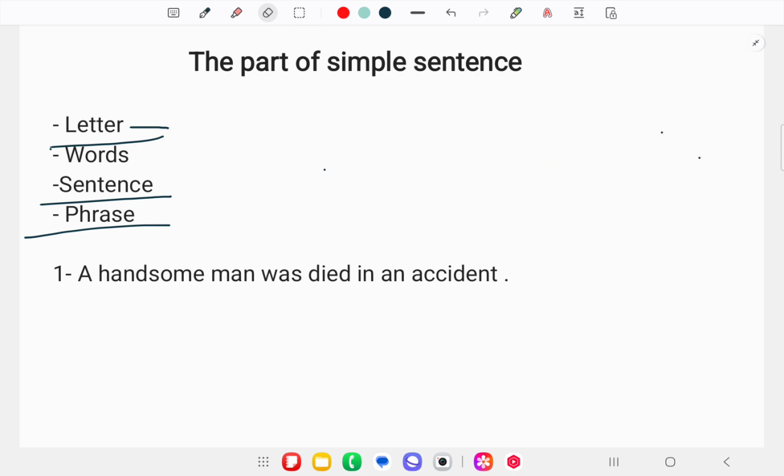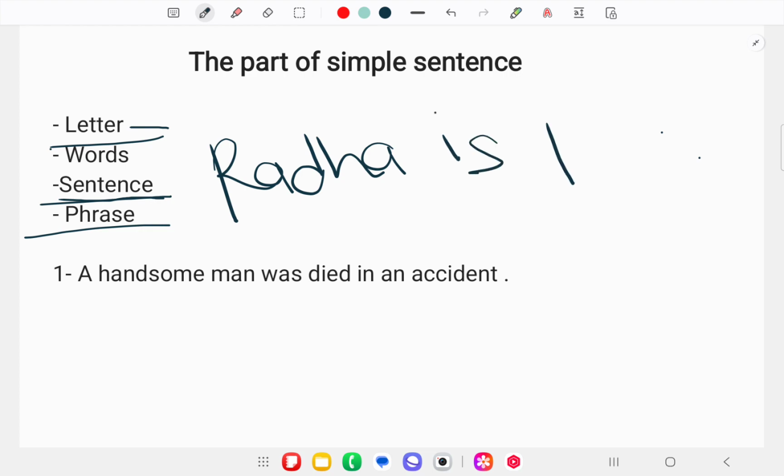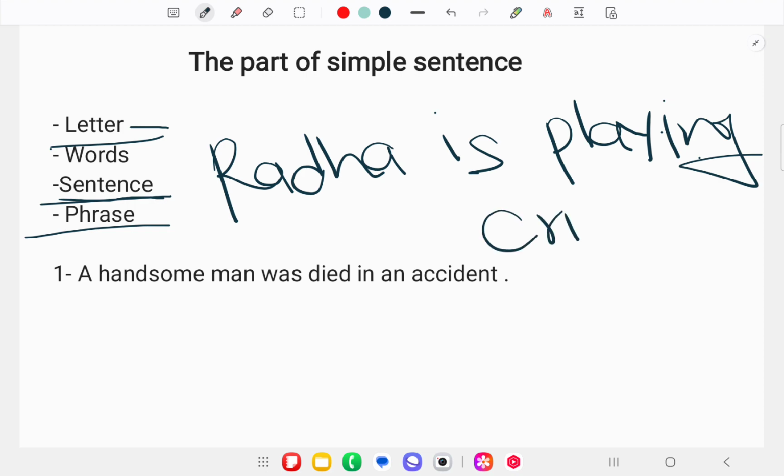Okay, so let's have another part of grammar, what is a sentence. When I talk about the sentence, a sentence is a meaningful unit of words. For example, if I say, Radha is playing cricket.